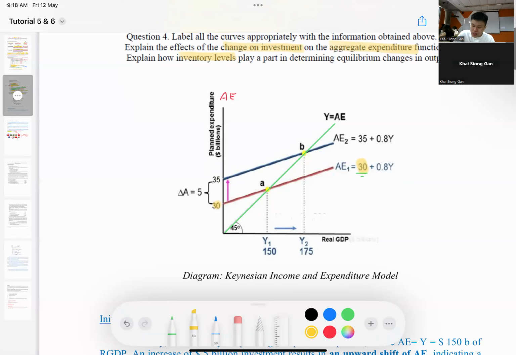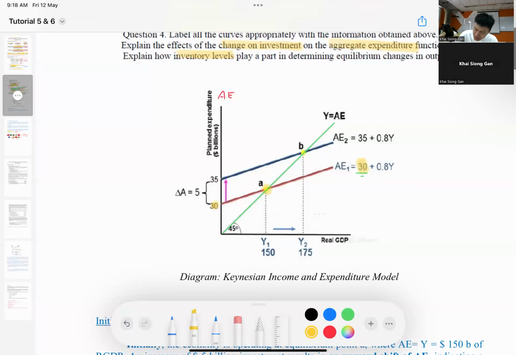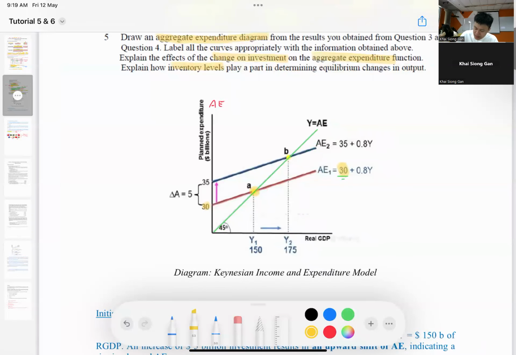Now you have plotted your line here, and we have an equilibrium. Let me show you here in yellow. This point A is the initial equilibrium. So initially at point A, your real GDP is 150. How do I get this 150?